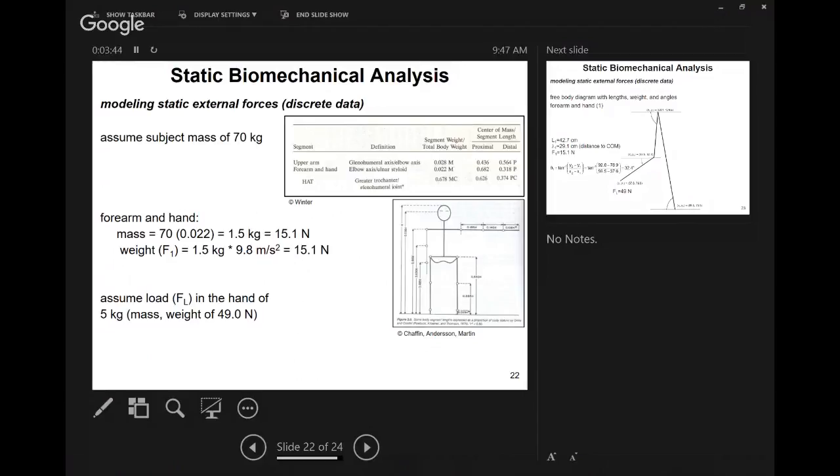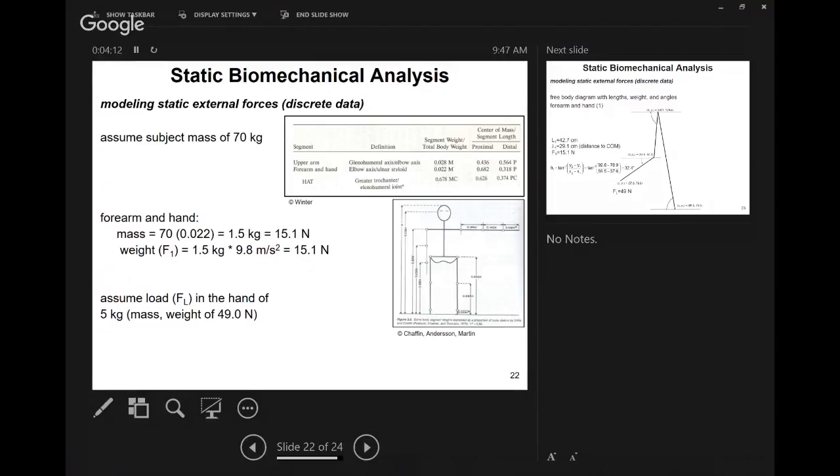The segment weight compared to the total body weight is this right here. Your forearm and hand are about 2.2% of your total body weight. So we do 0.022 times Wright's total body mass, which is 72.6 kilograms.